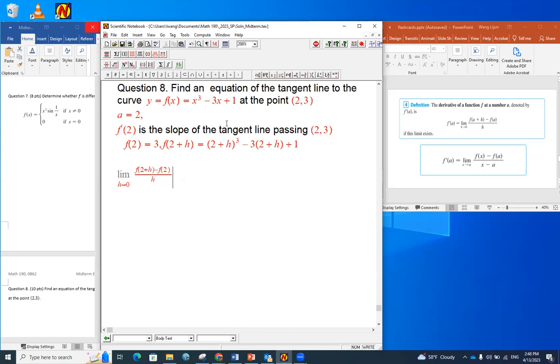So now plug in. f of 2 plus h, that's the piece. f of 2 is 3, right? You will simplify all of these. How do we simplify all of these?